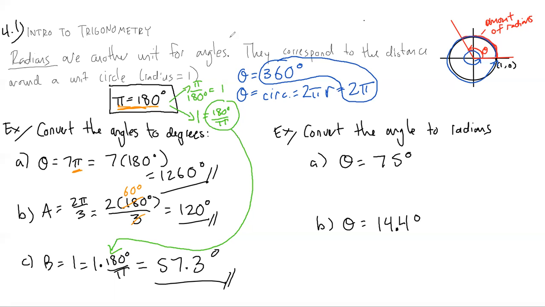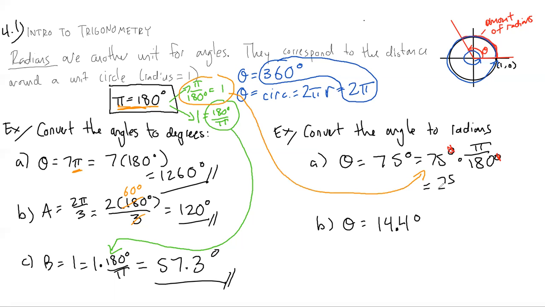On the right-hand side, all that we're going to do to go the other direction is use the other conversion ratio. So I'm going to multiply by this one. So I'll get 75 degrees times pi over 180. And so what's going to happen is the degrees should cancel out. And then all we're really going to do here is just clean up that 75 over 180 fraction.